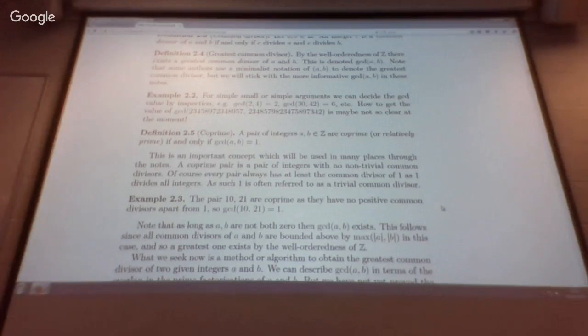If you start looking for common divisors of 21 and 25, you're never going to get any other ones apart from 1 or minus 1. So there's only two common divisors at all, and the greatest of them is 1. This special case we refer to as 21 and 25 being co-prime. Really we're saying they're a co-prime pair, or they're co-prime to one another.